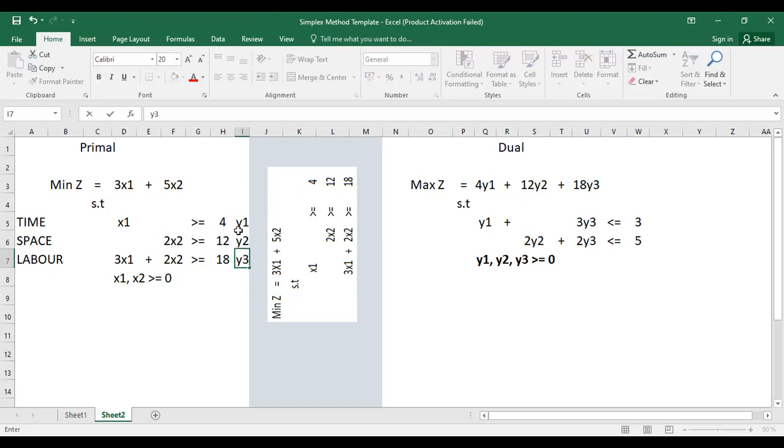And so if these resources are moving to the objective function, it moves with its prices. So we're going to have 4y1 plus 12y2, you see here, plus 18y3. That is what comes here.